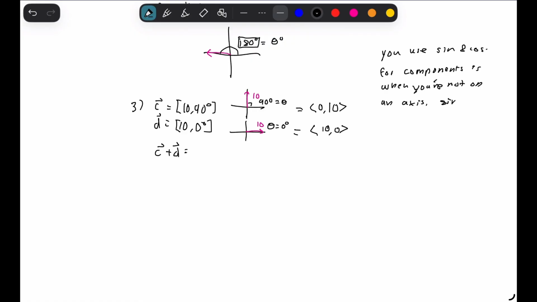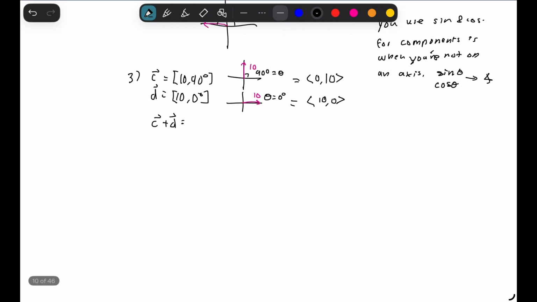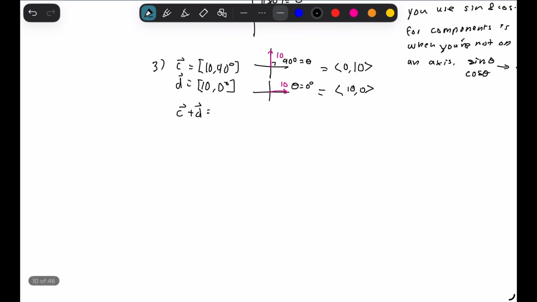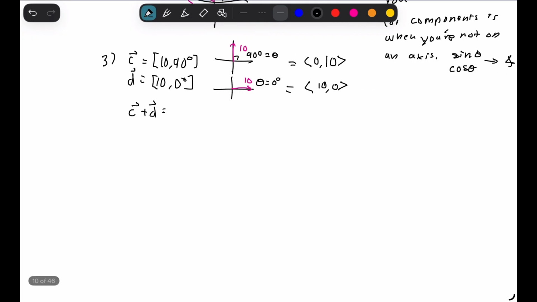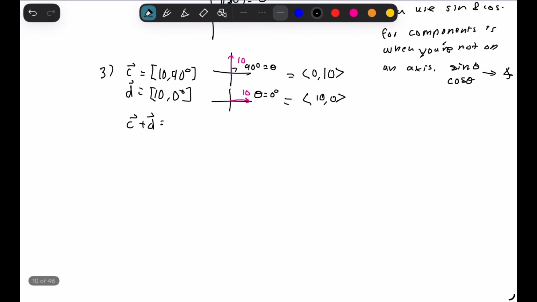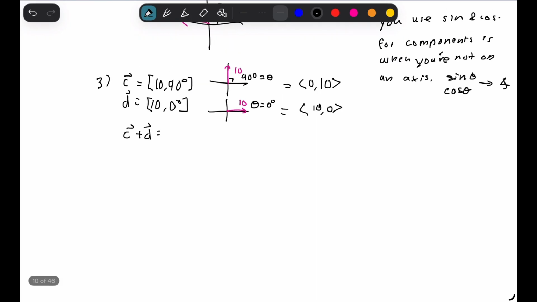That's why you have to use sine theta and cosine theta to spit out a result, because here we're conveniently on 90 degrees and 0 degrees, so you can see that there would be no movement in that x or y direction. But when you have to find it at an angle, you're going to have to find that x and y direction.